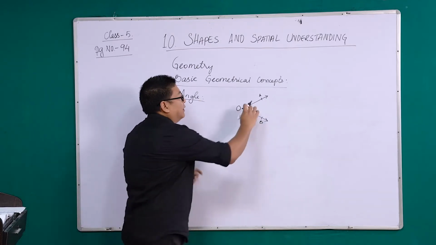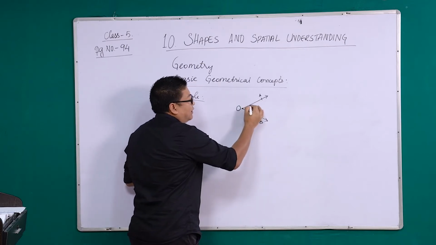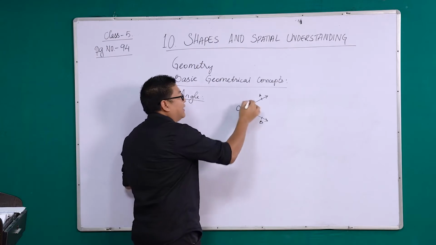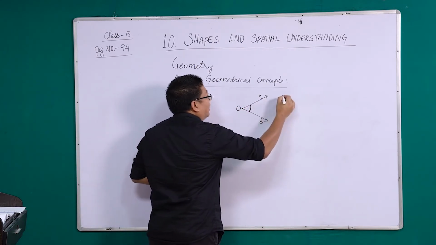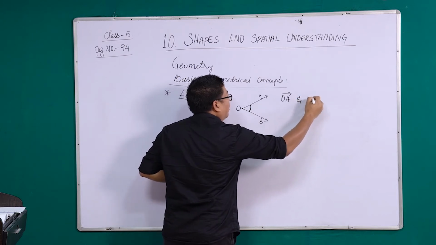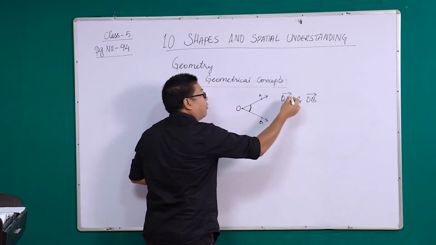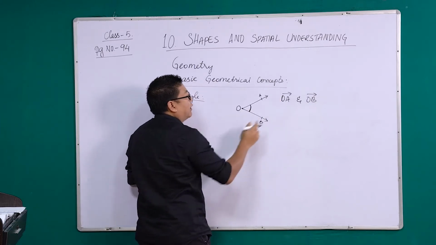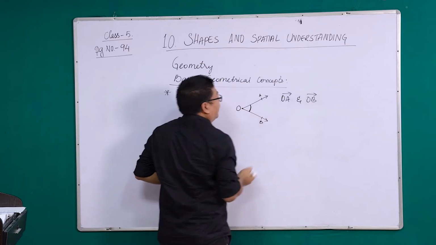The inside part, the corner, which is formed is called your angle. And this angle is formed by two rays, that is ray OA and ray OB, moving from O to A and O to B. All right? Ray OA, ray OB.